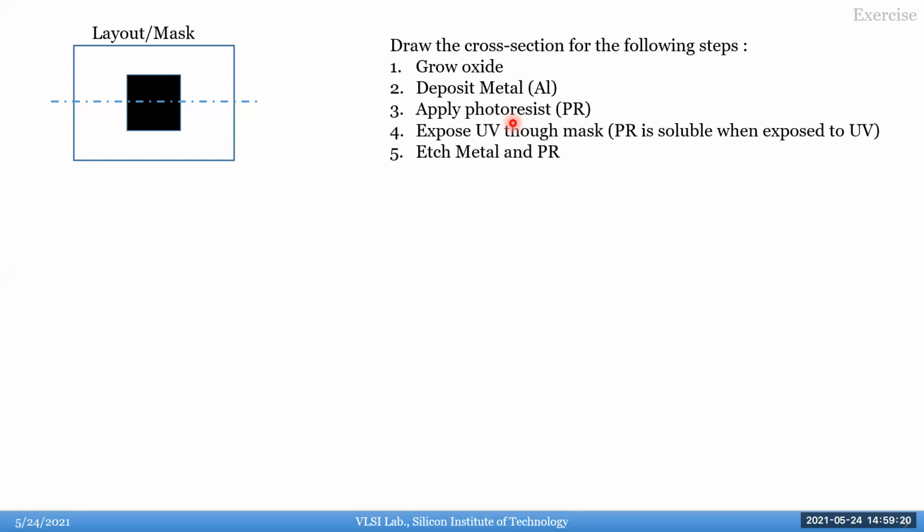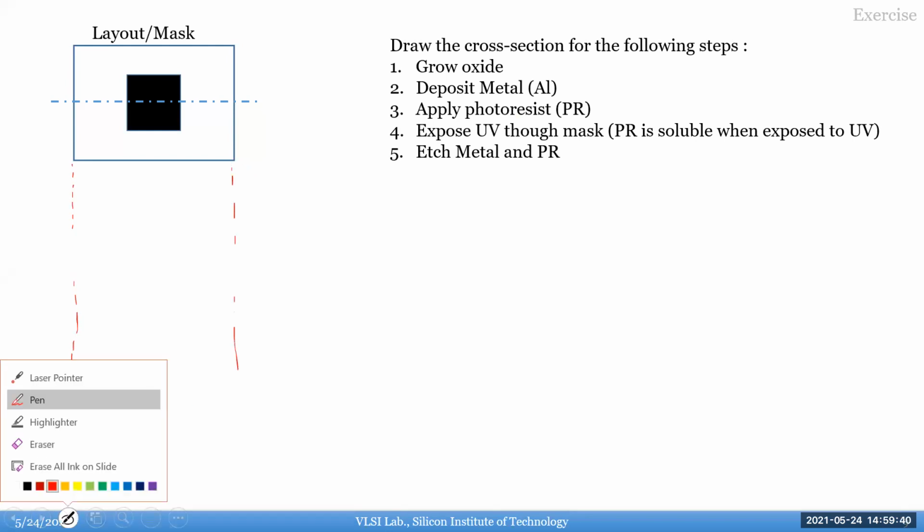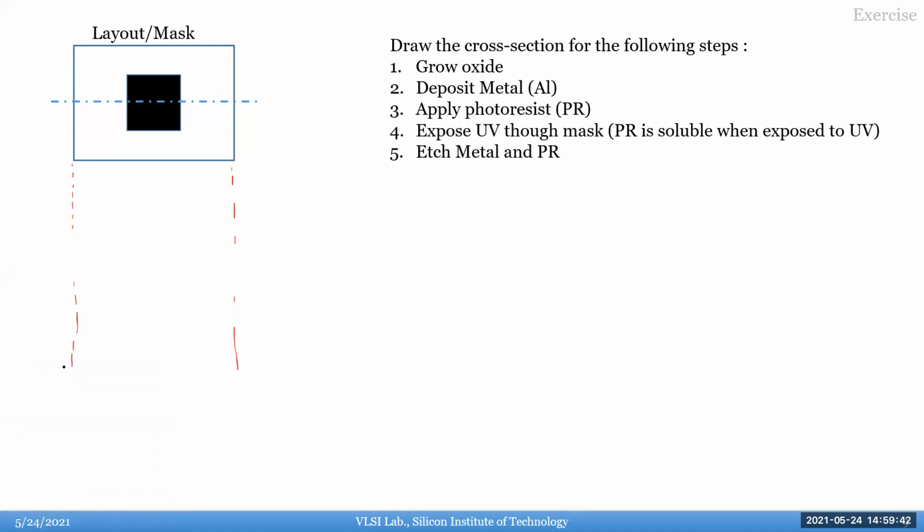So okay, let me do this. You guys carry on, and maybe I'll give you some intermediate steps. If I draw the cross section, obviously you're going to get this wafer, right? So this is what you start with, and that's all you need to start with.